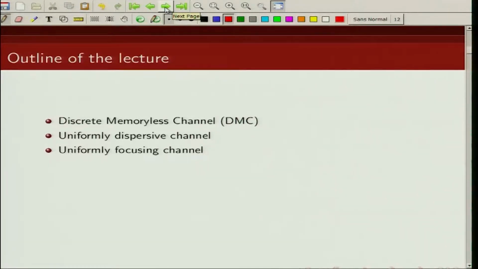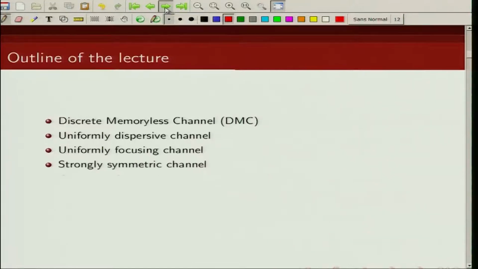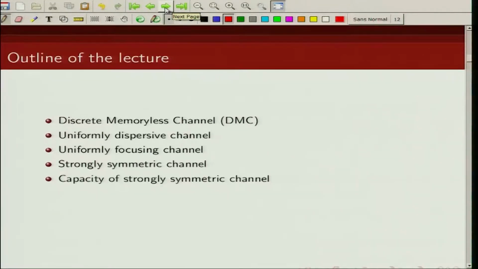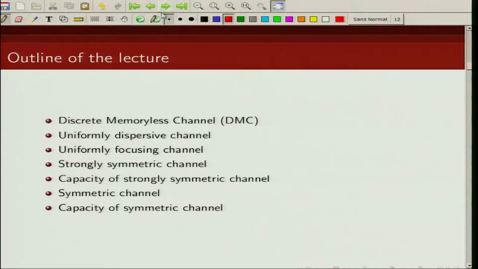And channels which satisfy both of these properties are known as strongly symmetric channels, and we'll compute the capacity of a strongly symmetric channel, and subsequently we will show that there is a class of channels which can be decomposed into strongly symmetric channels, and that's basically known as symmetric channel, and we will compute the capacity of symmetric channels. So this is the plan for this lecture.